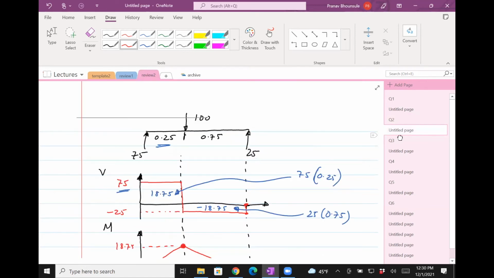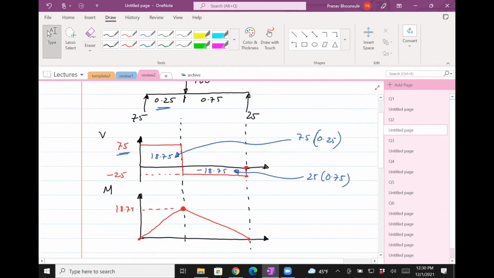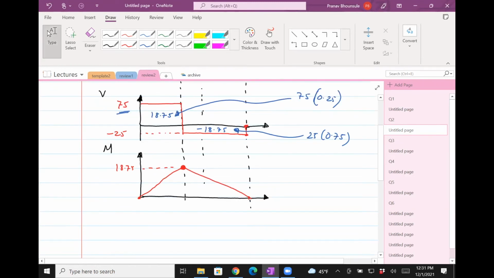So let's do that too. So let's find the stress at 0.5. Okay, so this is 0.25, 0.5.